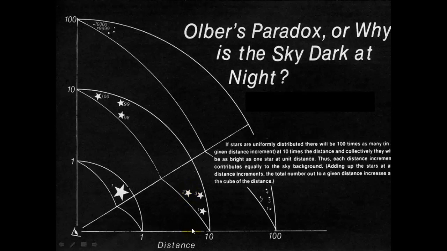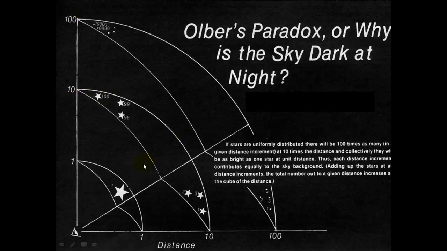But because they are 10 times farther away, the radiation will drop off with the square of this distance. We have two factors. We have 100 times as many stars, but also the radiation from each one will be a 100th of the intensity, because the radiation drops off with the square of the distance. So these factors will cancel each other out.